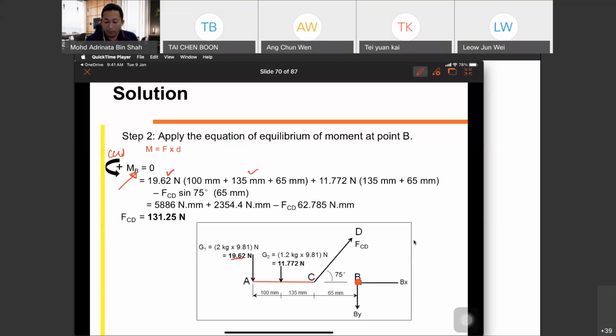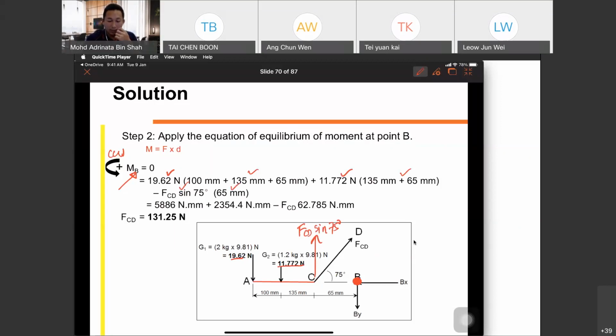And then we have 11.772 times the distance from point B, 135 plus 65 millimeter, and FCD sine 75 degree times 65 millimeter.